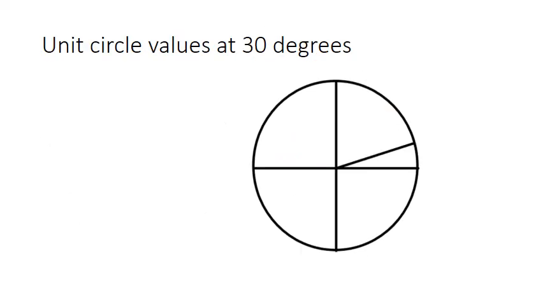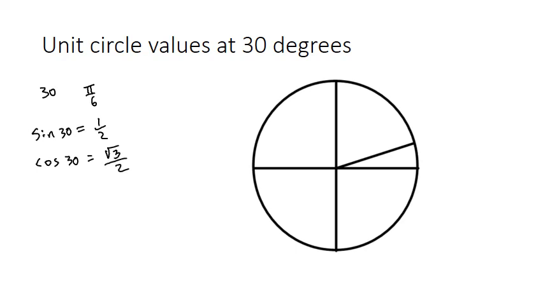So suppose that we wanted to represent what we found for 30 degrees on the unit circle. First of all, 30 degrees is the same as pi over 6 radians. We know also that the sine of 30 degrees is equal to 1/2, and that the cosine of 30 degrees is equal to radical 3 over 2.